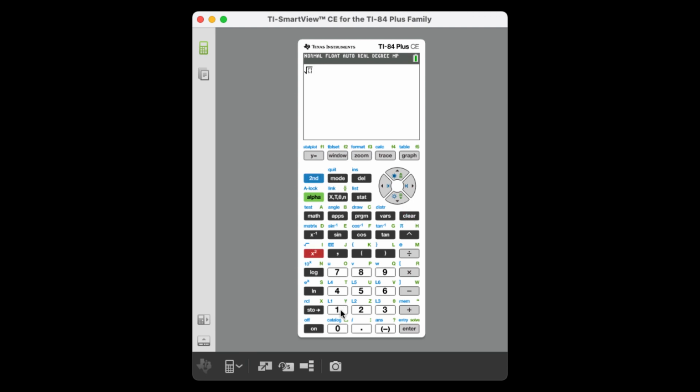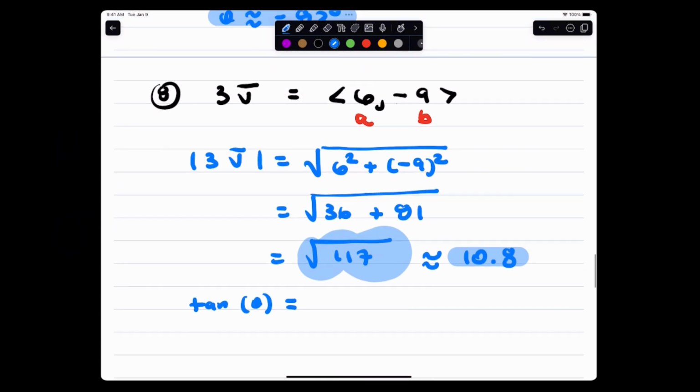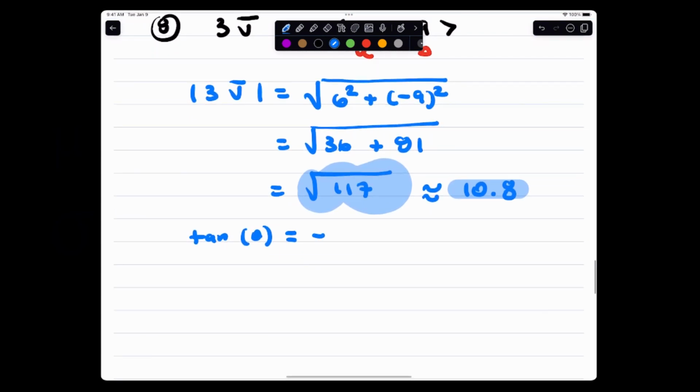Square root of 117 is 10.8. Let's write this down so you can see it. Tangent theta is going to be b over a, which means it's negative 9 over 6.